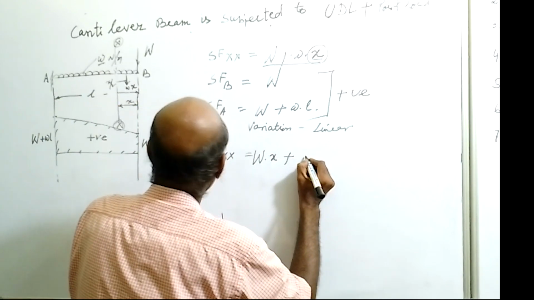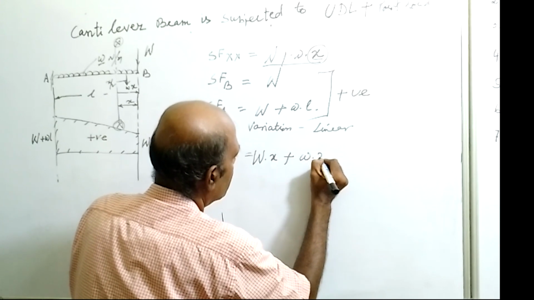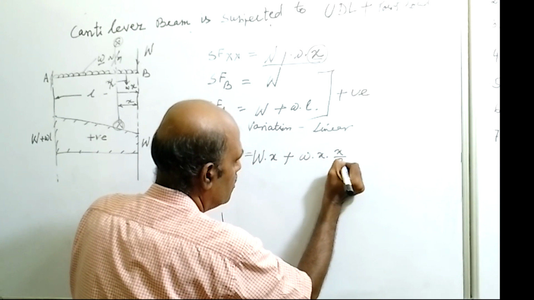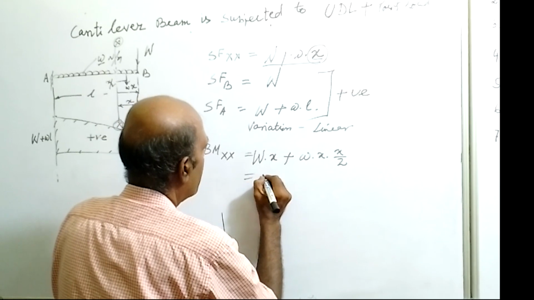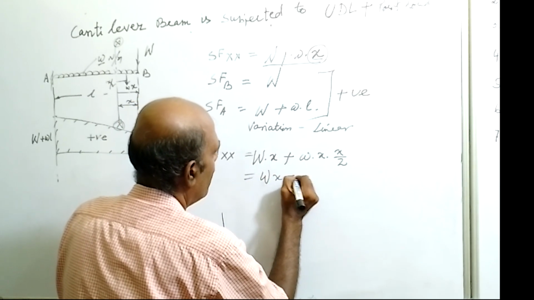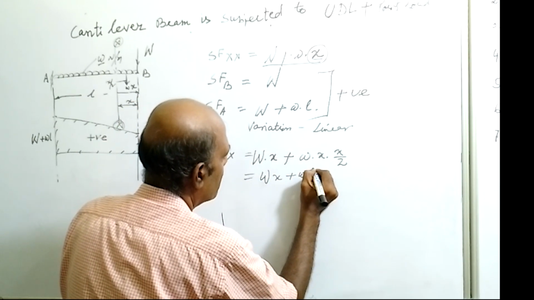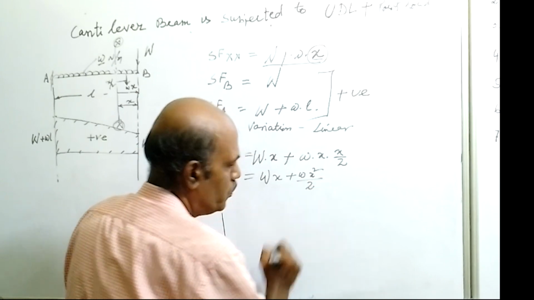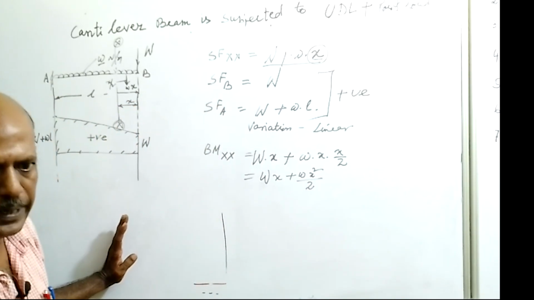So we can write small w into x by 2. So capital W into x plus small w into x square by 2. This is the bending moment equation.